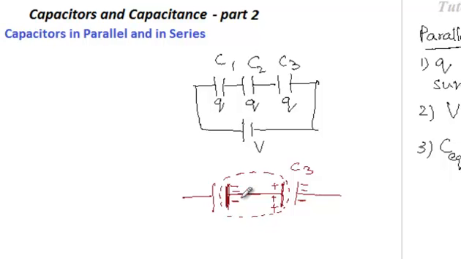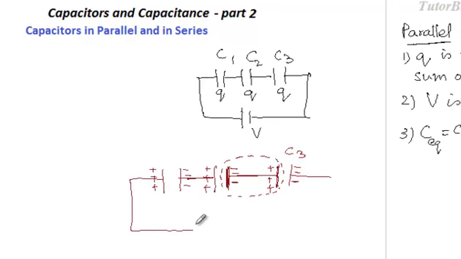Now this end of the plate has become negative, so this induces a positive charge at the other end, and once again, when this acquires a positive charge, this acquires an equal and opposite negative charge, and similarly this induces a positive charge at the other end, which is connected to the positive end of the battery.